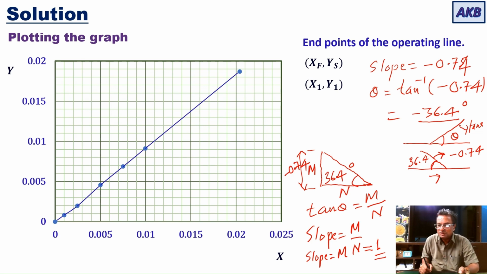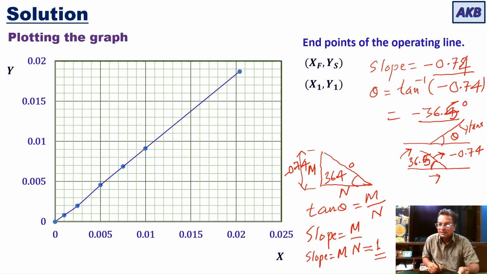I'm going to use the definition of slope for plotting the operating line, or you can measure an angle of 36.5 degree with the horizontal in this direction. You'll be measuring it in a clockwise direction. So that will give you a line with negative slope, because the slope of the operating line is negative. Okay, so let me do it.